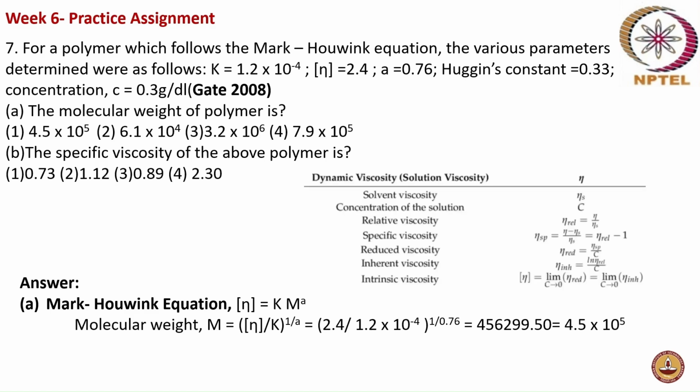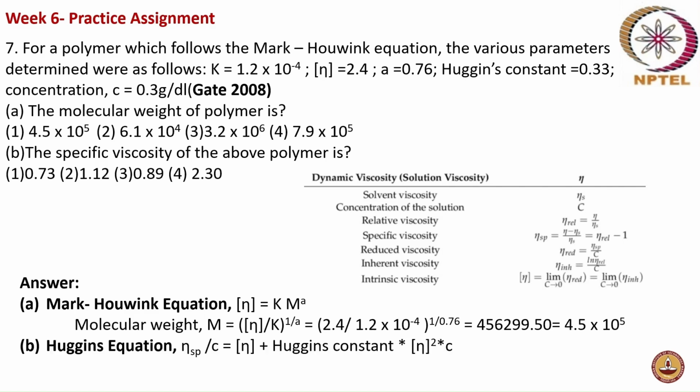Now you can find the specific viscosity by the Huggins equation, where specific viscosity by concentration is equal to intrinsic viscosity plus Huggins constant into the square of intrinsic viscosity into concentration. This basically gives what the specific viscosity will be depending on the concentration of the polymer, right?